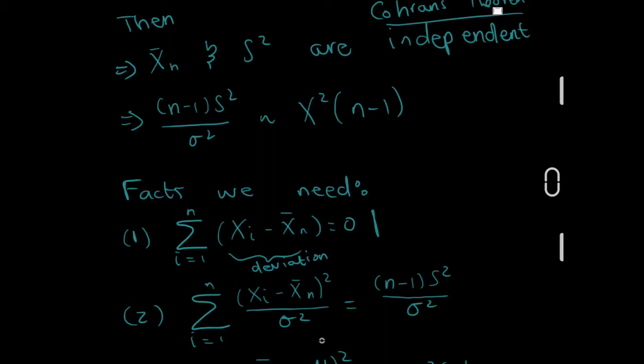Essentially the way you prove this is, I'm not going to prove it here, but if you think about what xn bar is equal to, it is 1 over n multiplied by the sum, and if you want just the sum, you multiply by n.